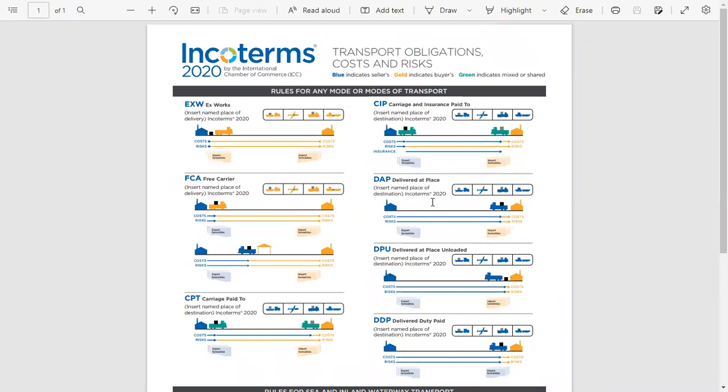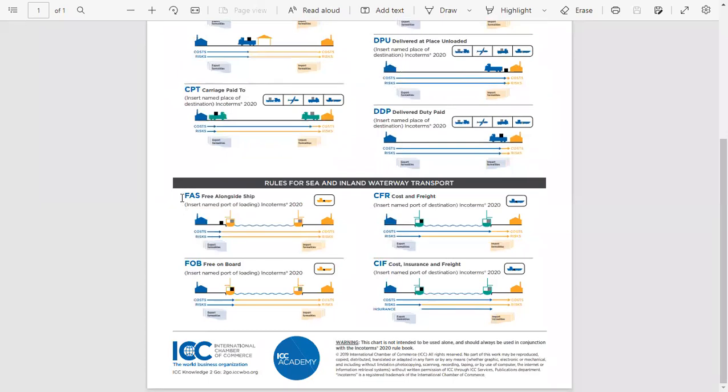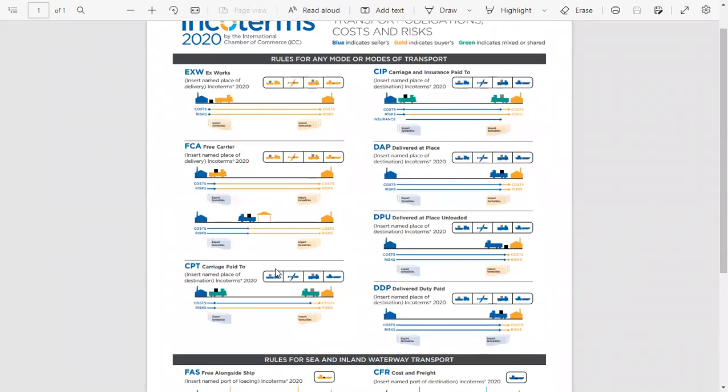There are four groups of Incoterm, categorized with the letters E, F, C, D. E group only has EXW. F group has free carrier FCA, free alongside ship FAS, and free on board FOB. Those are three Incoterms within F group.